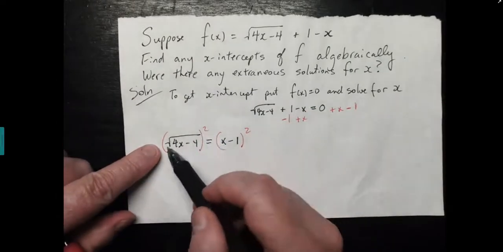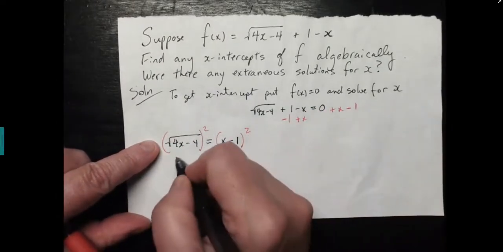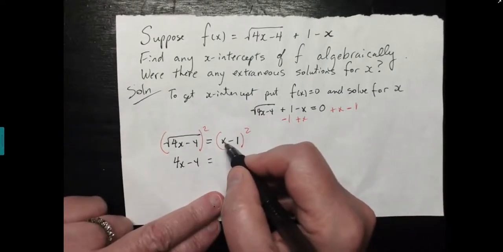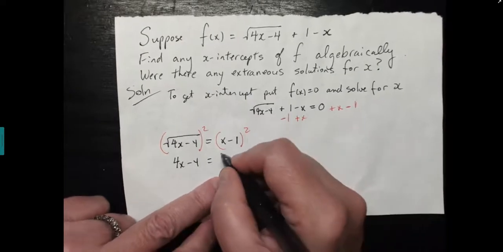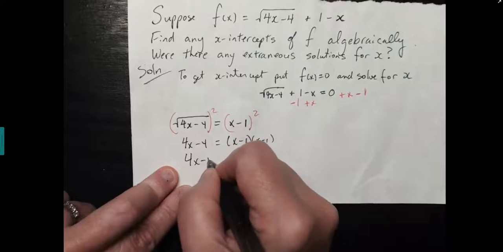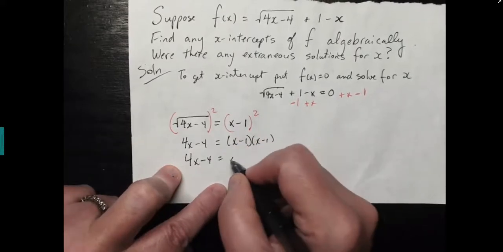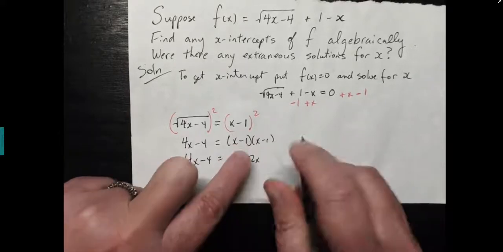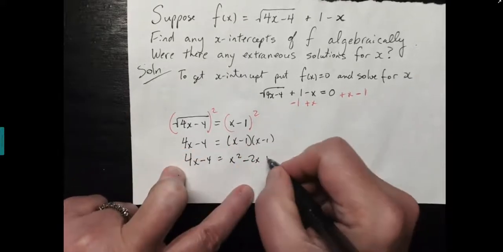So this square and the square root will undo each other, and over here I just get back to x minus 4. Now be careful here, this is not x squared minus 1 squared. This is x minus 1 times x minus 1. So I'm going to have x squared minus x, so minus 2x, and then plus 1.